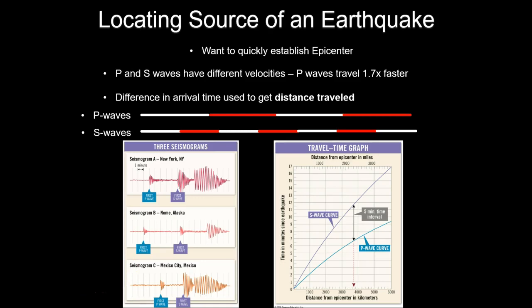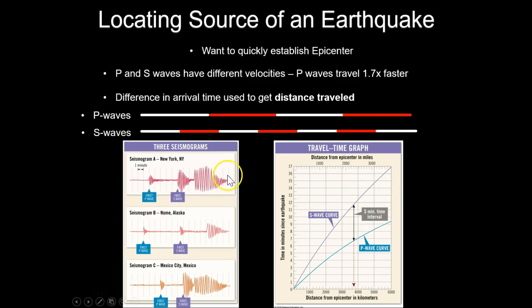Then it's easier to pinpoint how far the earthquake happened from the observation location. So if we use the seismogram examples on the figure on the left and the travel time graph on the right, which can look like this one, but it can look a little bit different like we will do in lab, I'll show you that the difference in P and S waves can be graphed as one single line.